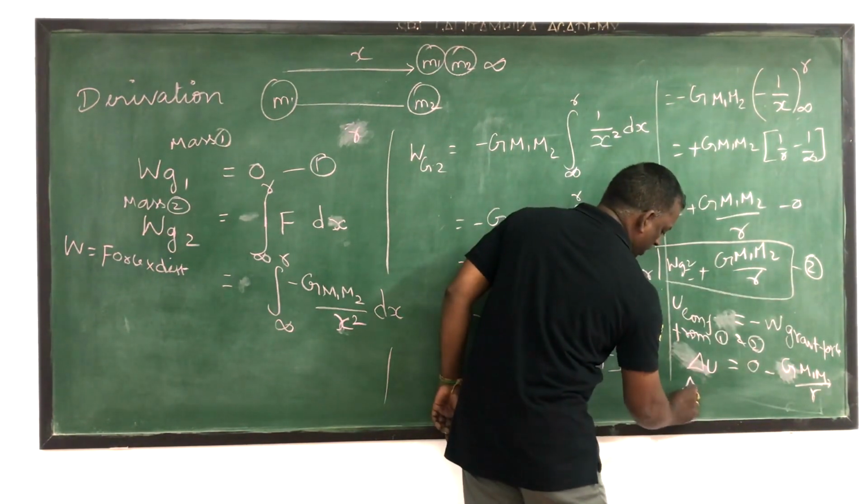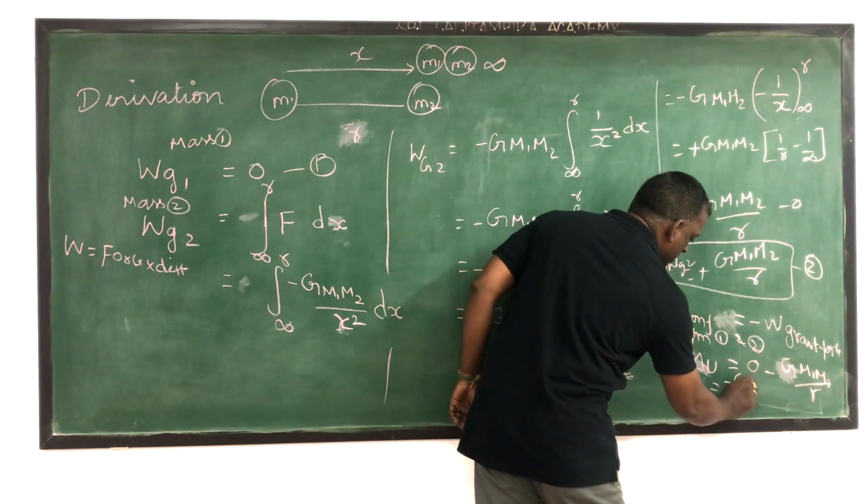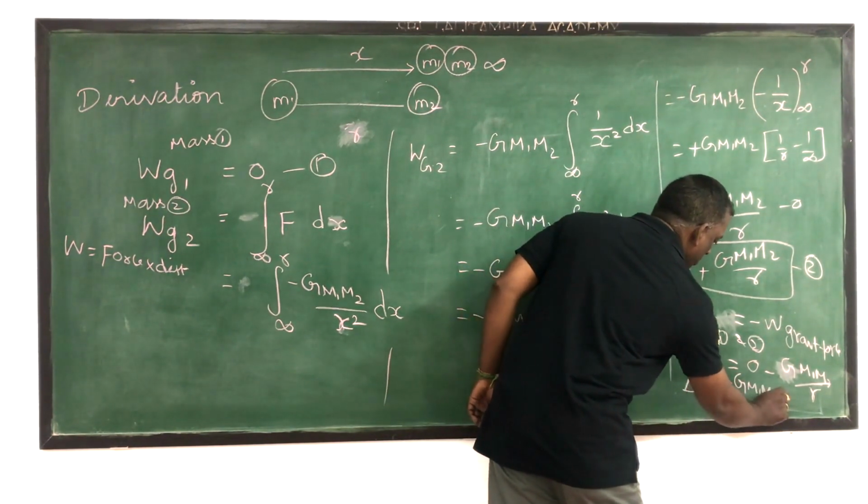So what is delta U? Delta U is equal to minus G m1 m2 by r.